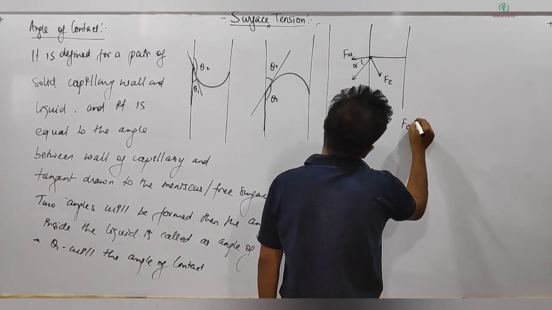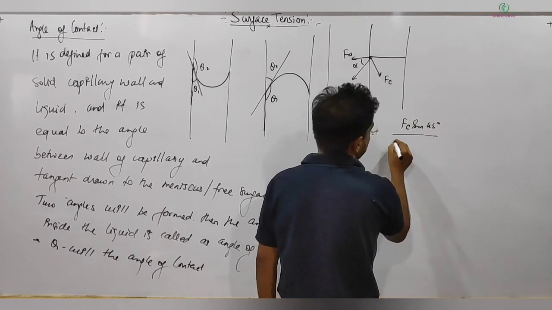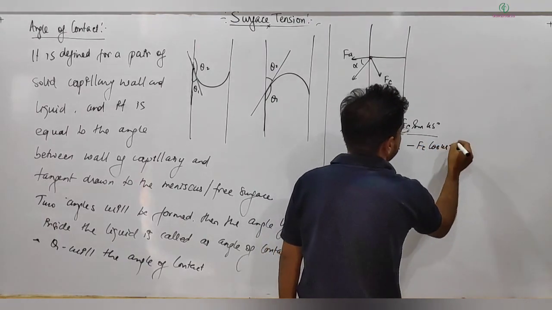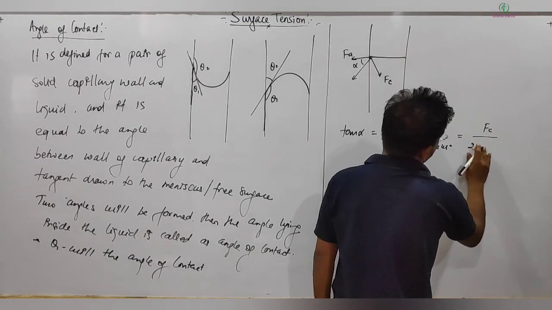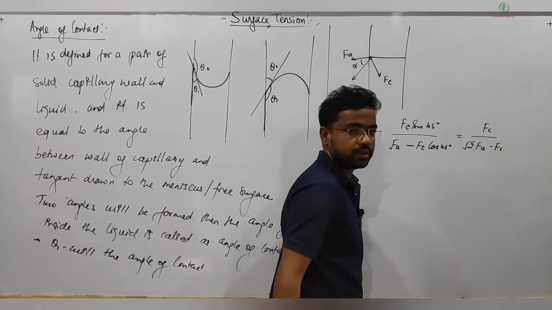F cohesive sine of 45 divided by F adhesive minus F cohesive cos of 45, that finally comes F cohesive over root 2 times F adhesive minus F cohesive, is it?